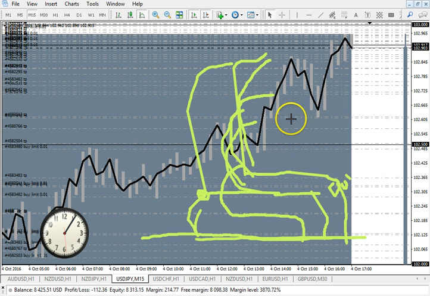So I would say if you had been babysitting this on the 15-minute, you would have hit it here. But what if you had just a bunch of hand-placed orders here with a stop, say, back here, and your first target's here, and you're out of 50% of your position by here, and you've bet quite a bit of money on that.